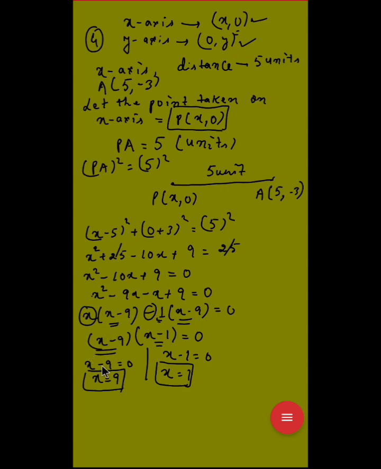So your finalized answer is P (x, 0). When x is 9, it should be along with 0, and the other P you must give as (1, 0). So these are the points that should be taken on the x-axis, which are at a distance of 5 units from the point A, defined by (5, -3): P (9, 0) and P (1, 0).